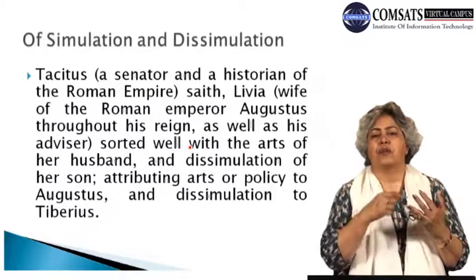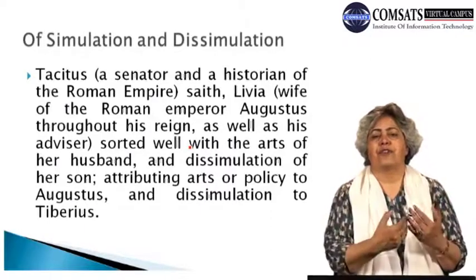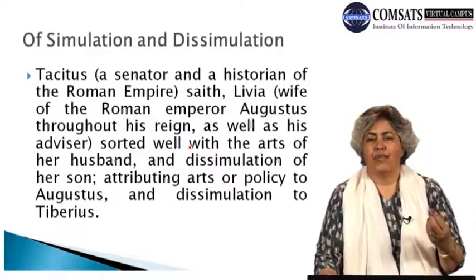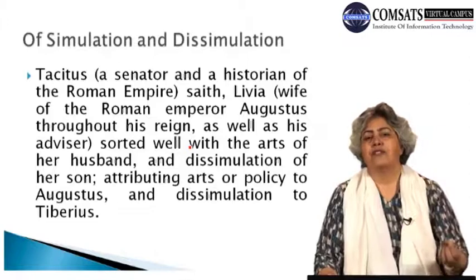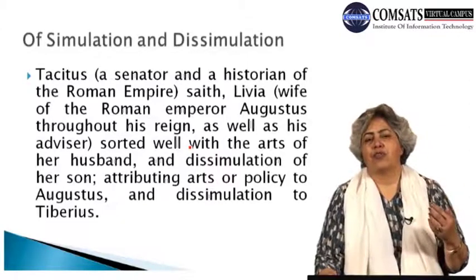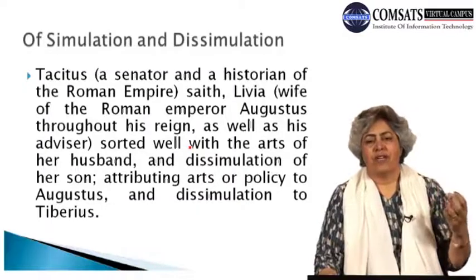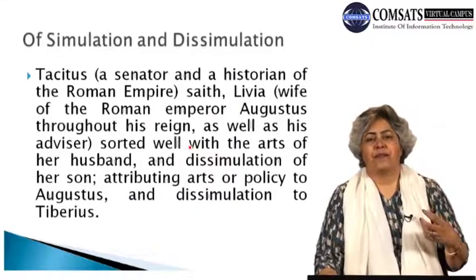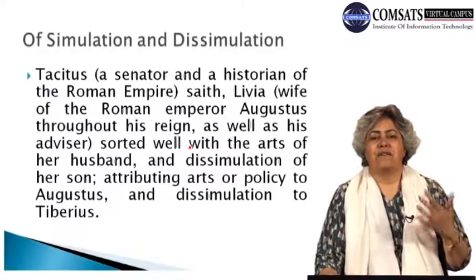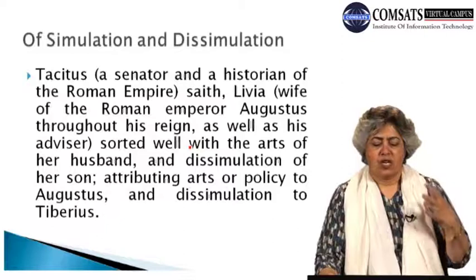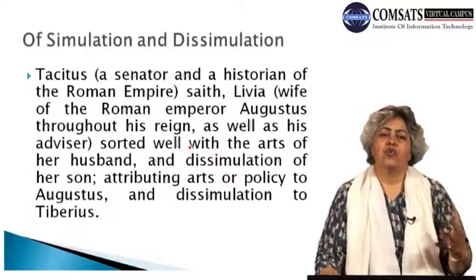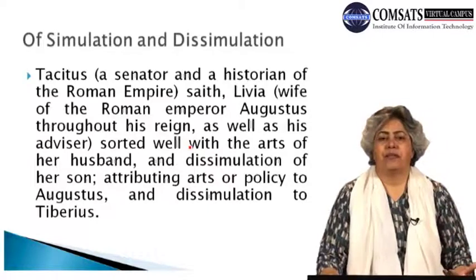Two, and the two arises out of the first, and that is she was wife to one emperor and mother to another. So as such, she had a very important role to play. So Livia was very familiar with the ways and means by which Augustus Caesar and Tiberius ruled the Roman Empire.